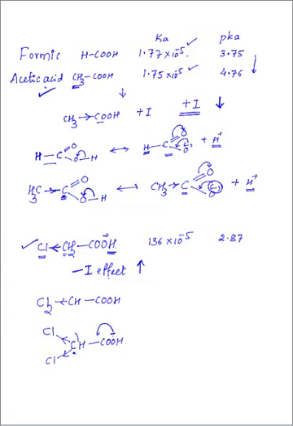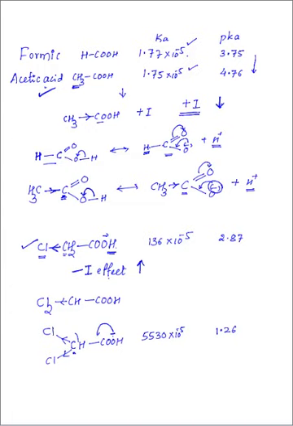So the Ka value of dichloroacetic acid is 5530 into 10 raised to minus 5, and its pKa value is 1.26.